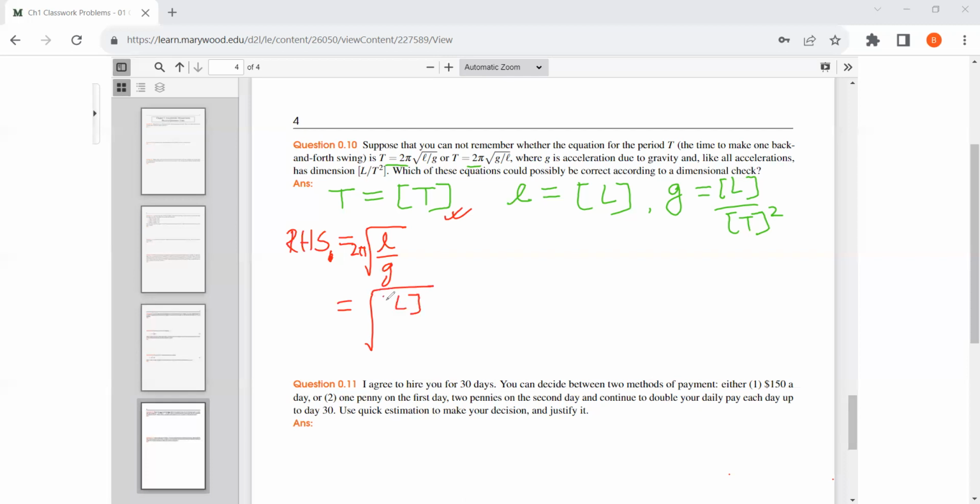So it is L, and the dimension of G is L over T square. So this is the fractional line.